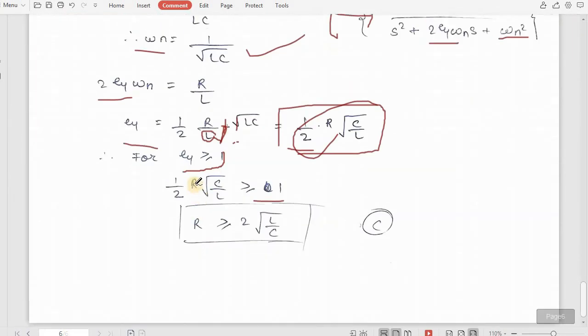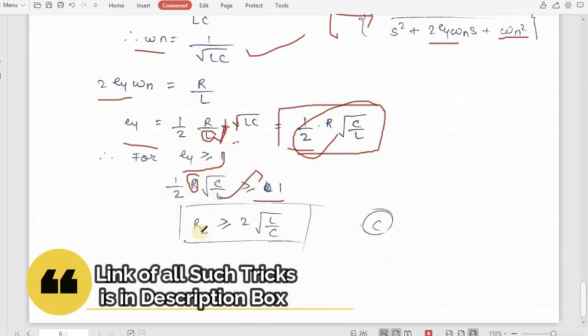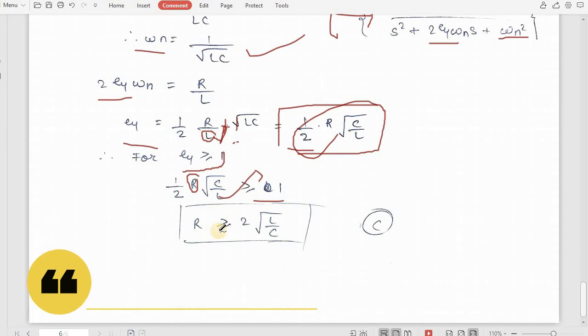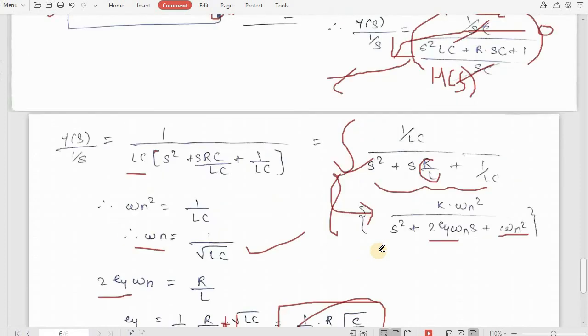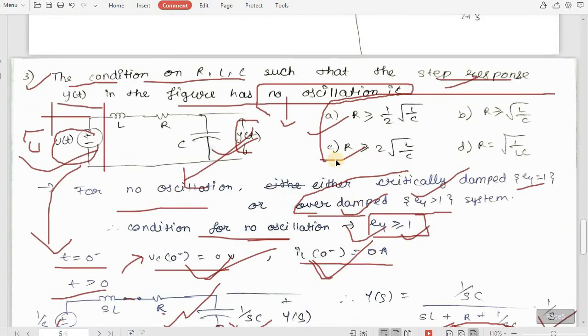So we will keep this R on this side, and we will take all the other things to the other side. So we will have R greater than or equal to 2 under root of L by C. So the correct answer is R greater than or equal to 2 under root of L by C, which is nothing but option C. So this is your correct answer.